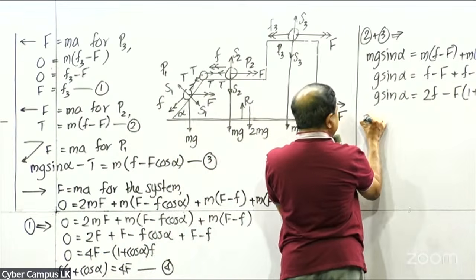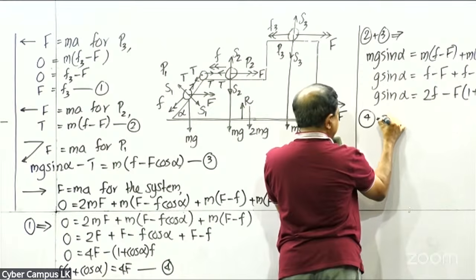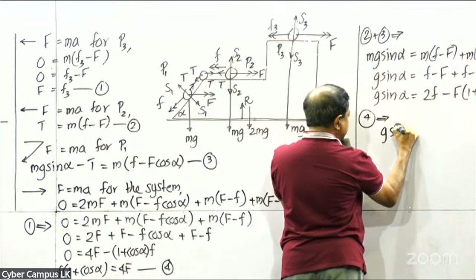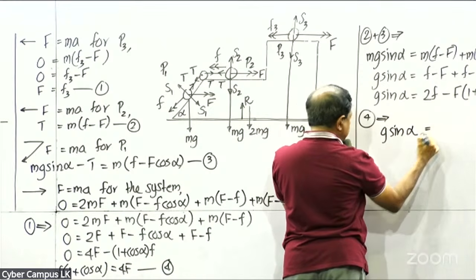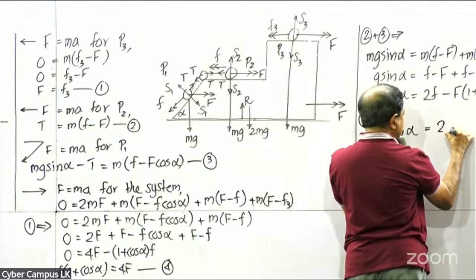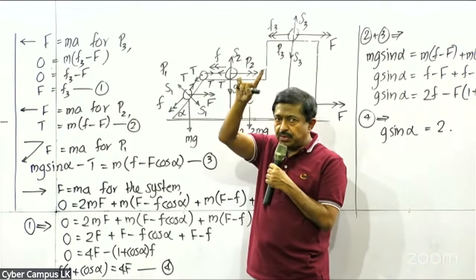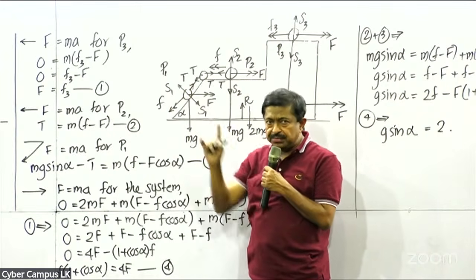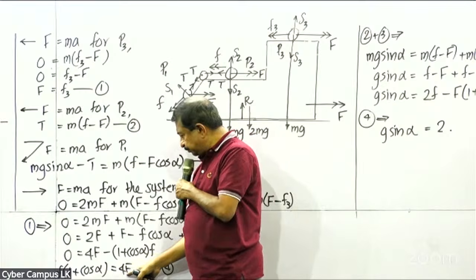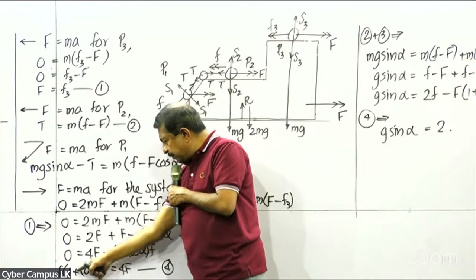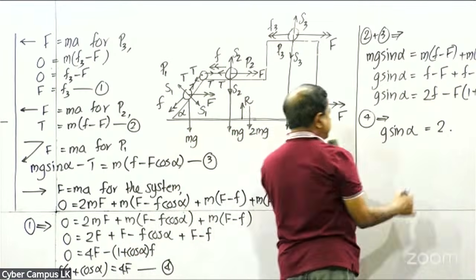So, from equation 4, I'm going to replace simple F by capital F. And by doing so, I will get an equation consisting of one variable, and that's it. So, 4F divided by 1 plus cos alpha.